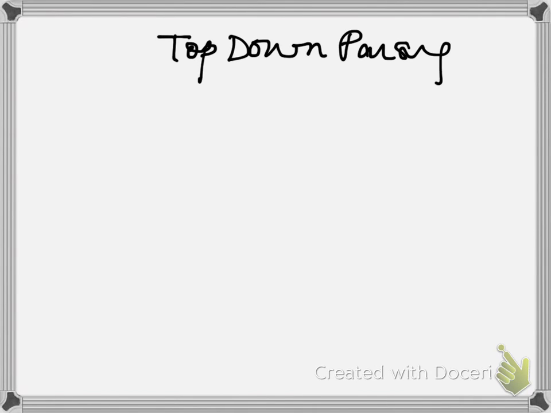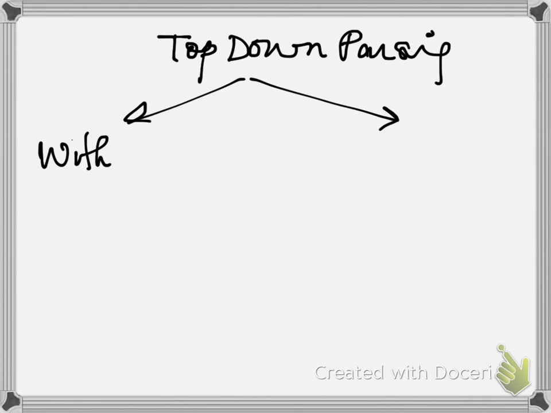So top-down parsing can be broadly classified into two categories. One is top-down parsing with backtracking. And the other is top-down parsing without backtracking.